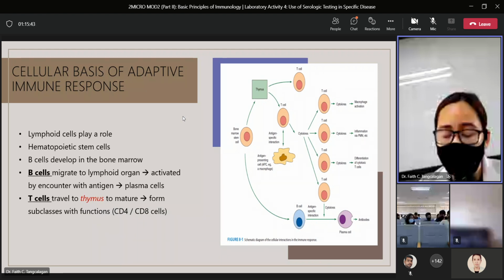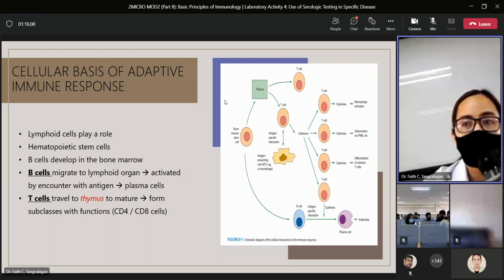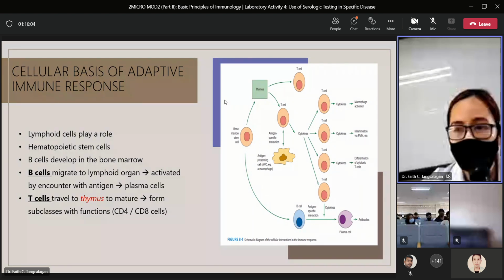Your T cells are responsible for the cell-mediated immune response, while your B cells are responsible for the antibody-mediated immune response.